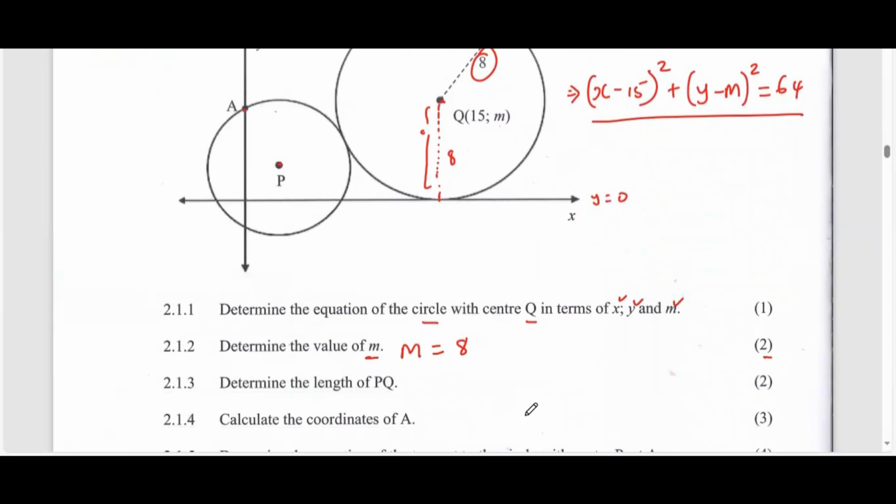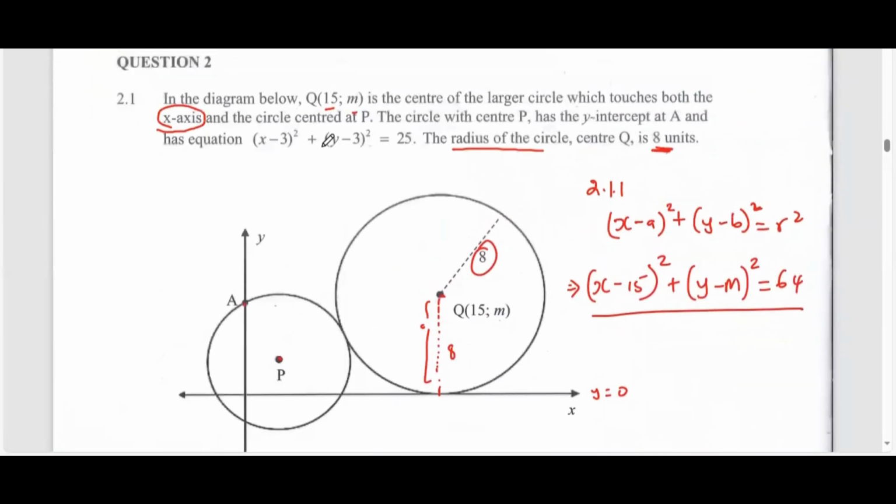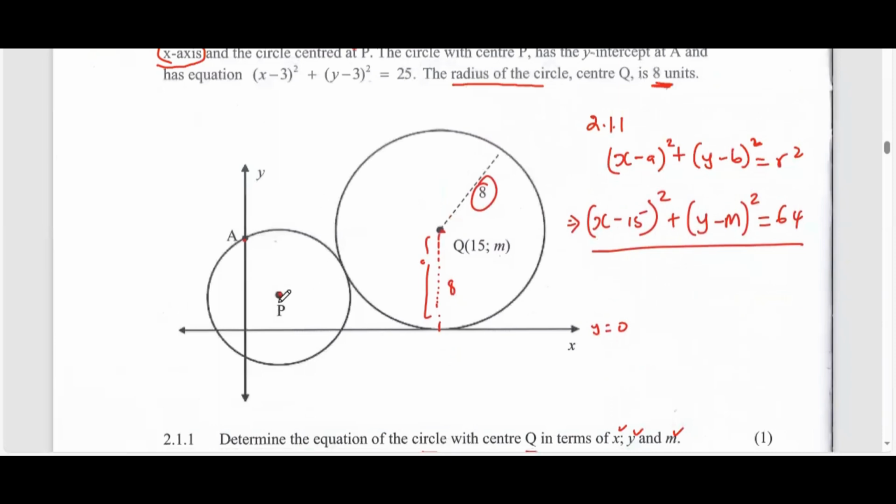Then if that is true, they want us to get the length of PQ. When I look at the equation of circle P, the coordinates are 3 and 5, not 3 and 3, okay? But the radius is 5, since r squared is 25, which means the radius is 5. So from here up to there is 5 units. But we said from the circumference to the center of the big circle is 8.